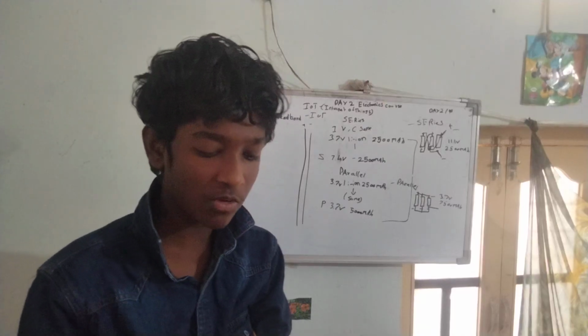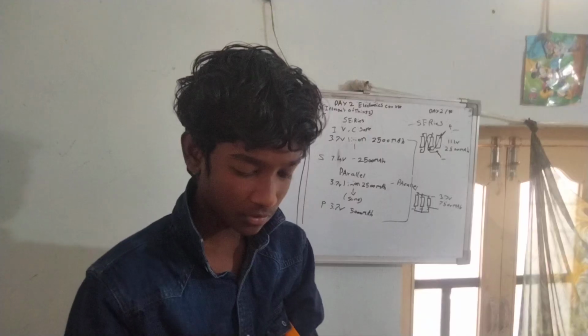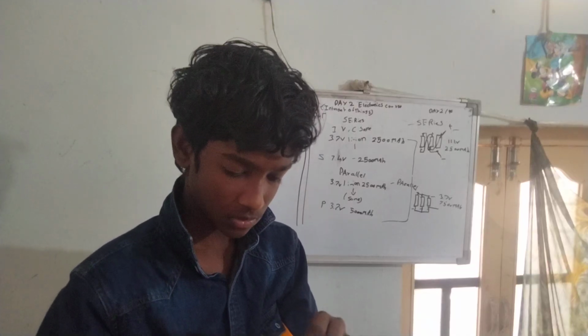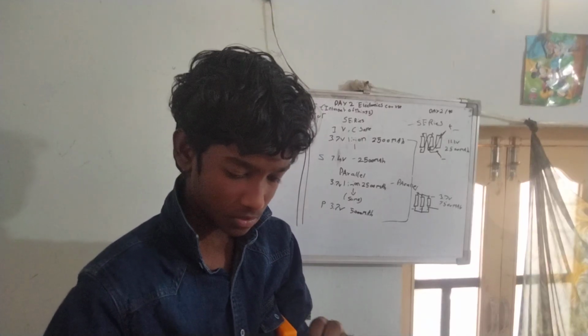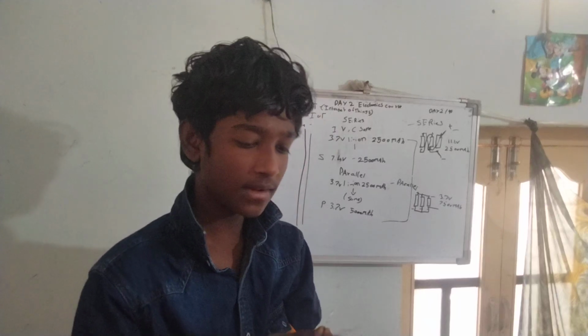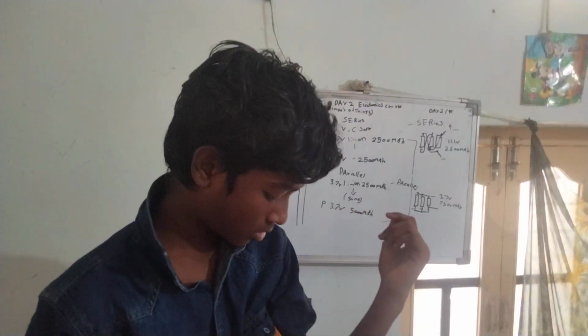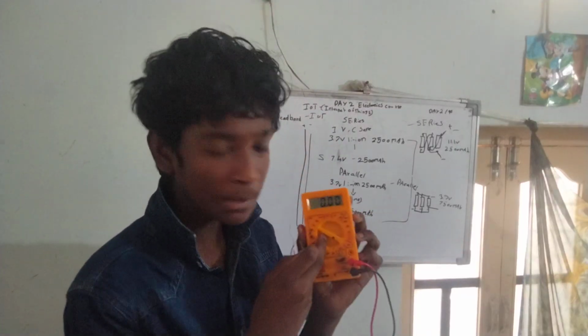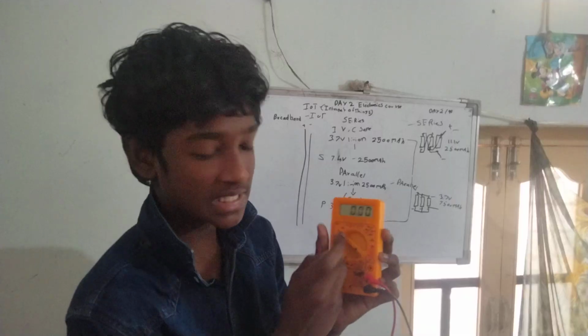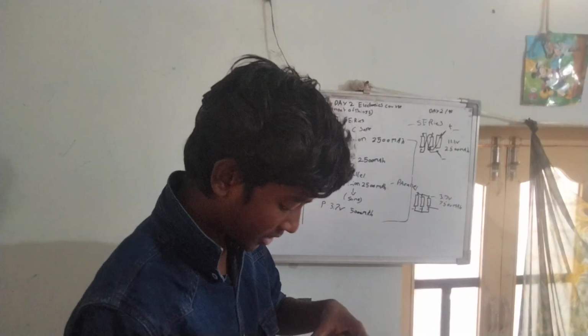Connect the negative of battery 1 to the positive of battery 2. Now we have connected two 9-volt batteries in series. Now we will measure the output. We have to set the multimeter to 20 volts DC, and now we will check the voltage.